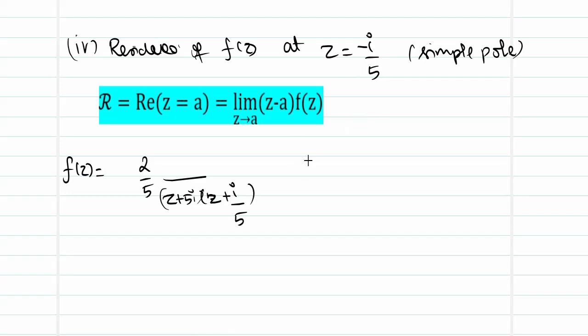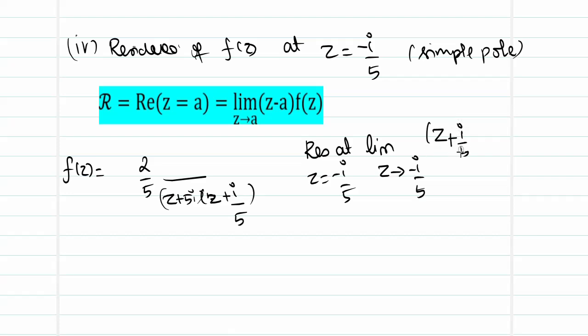So now let me estimate the residue at z is equal to minus i by 5, which is given by limit z tending to minus i by 5, because this is the only pole that lies inside. So you will have z minus of minus, which becomes plus i by 5, into your function of z.